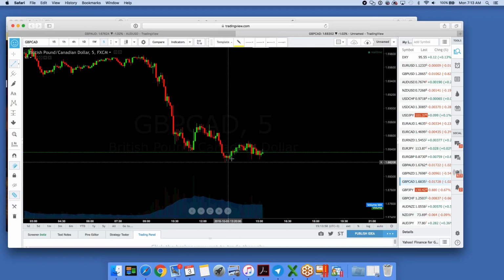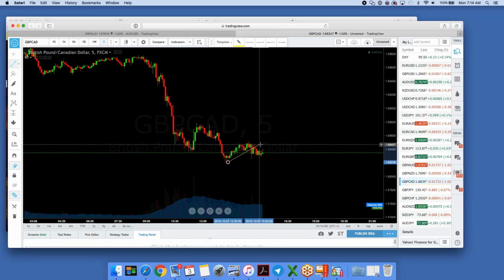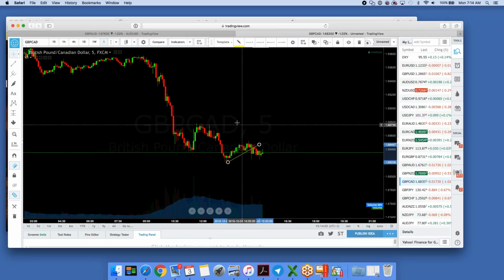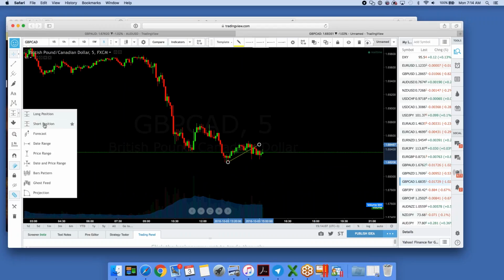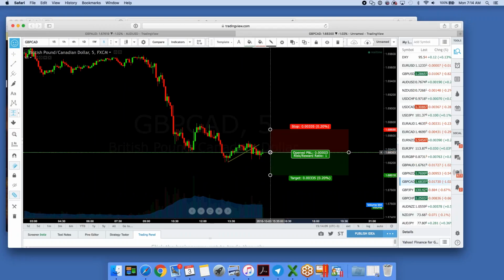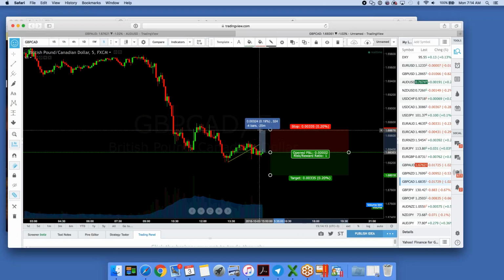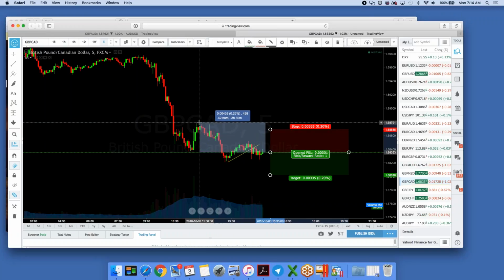This right here was probably... but if we wanted to put on a short position, this one didn't push down as hard as the pound Aussie, it looks like.